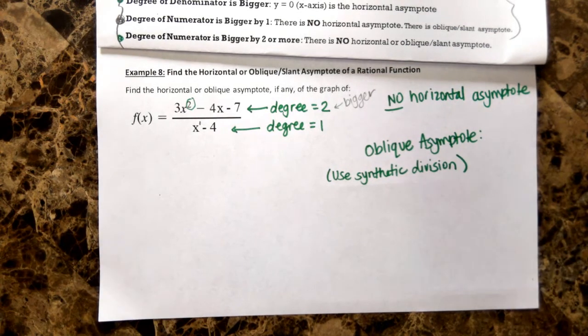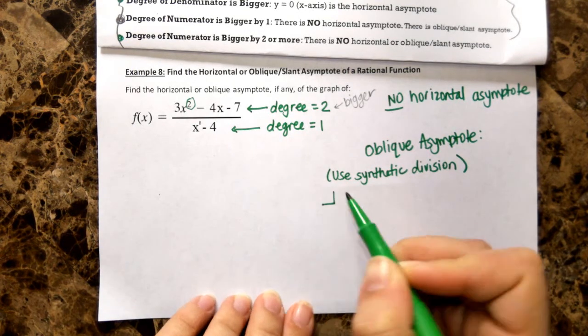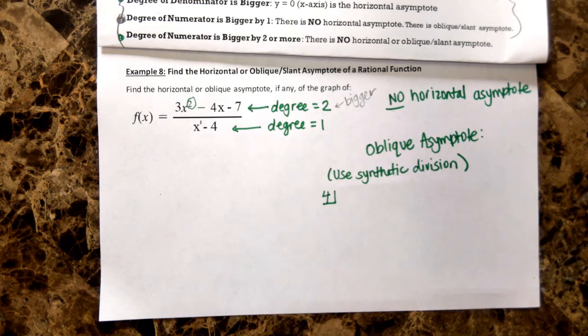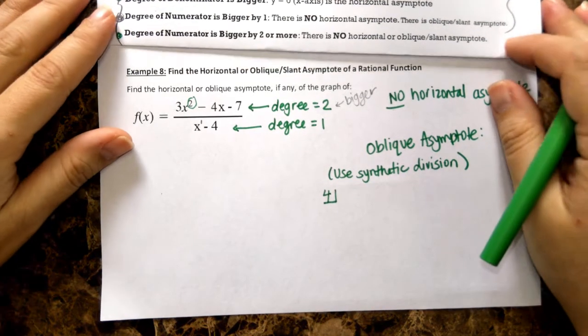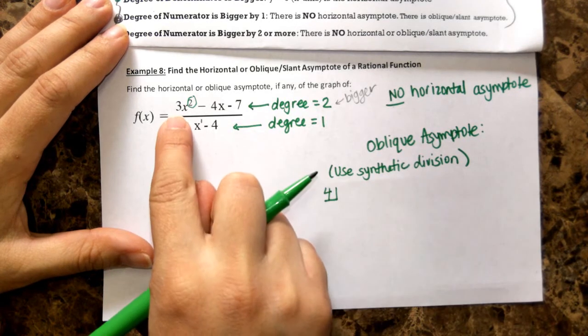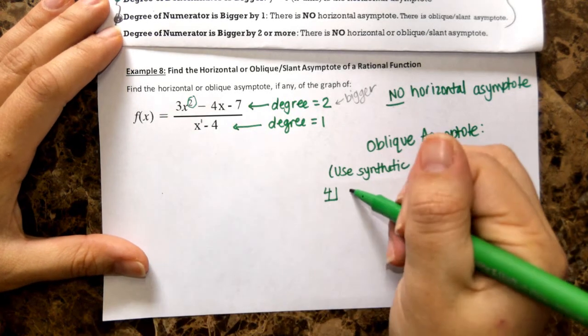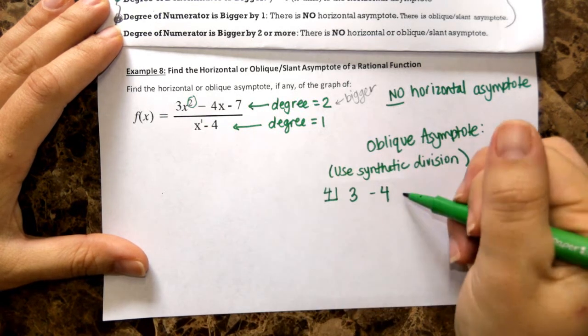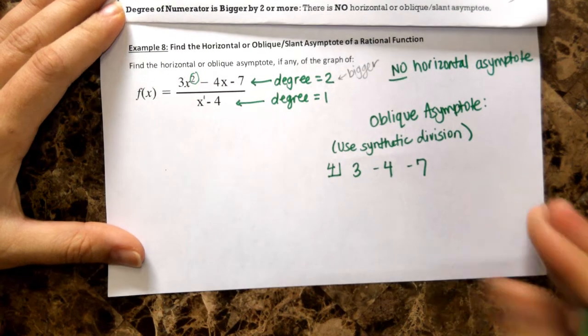And the way we do synthetic division is we start with this backwards L, and the number 4 goes into the backwards L. This is what we covered a couple classes ago. And on my top line, I'm going to start with all the coefficients of x. So starting with x squared, which is 3. Coefficient of x is -4, and then the constant is -7. And then we would just do the division.